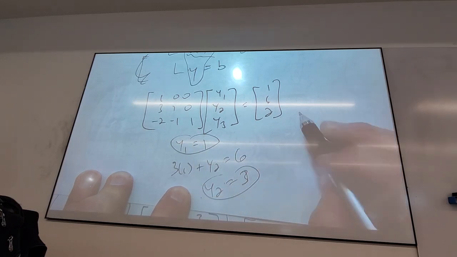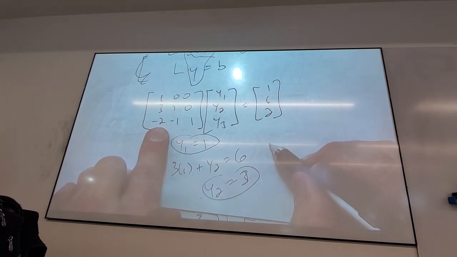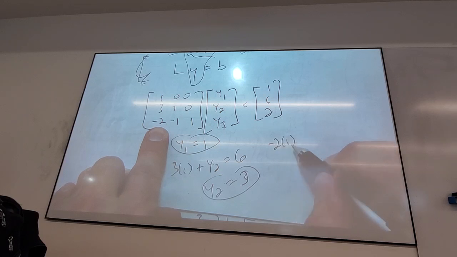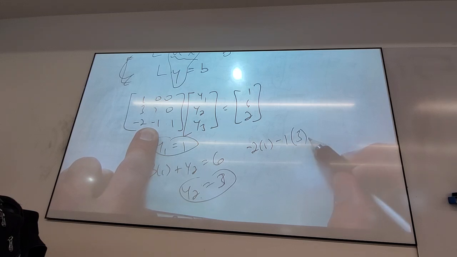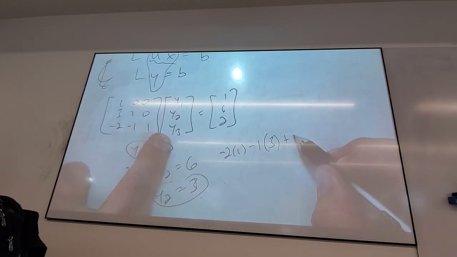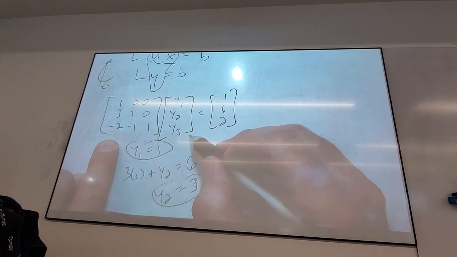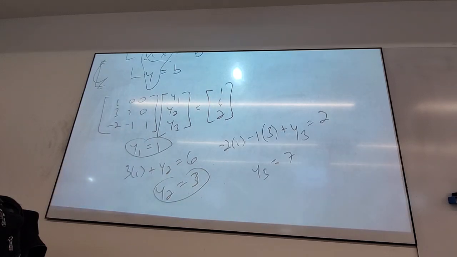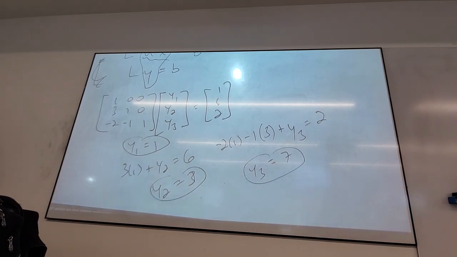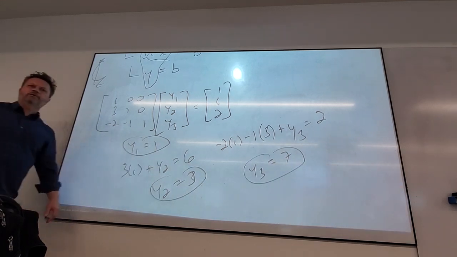And then what's the last one say? -2 times Y1 plus 3 times Y2 plus Y3 equals 2. So what's Y3? 7. I like it. So we figured out Y.